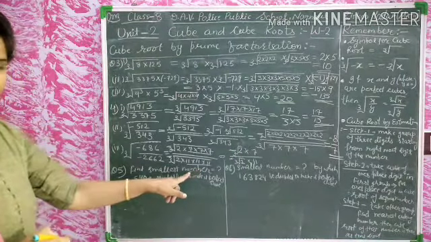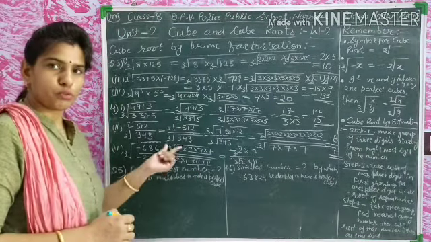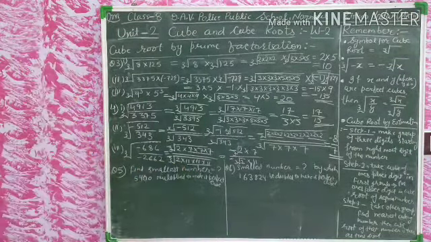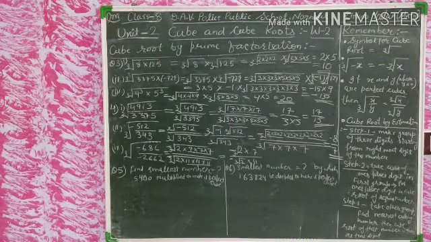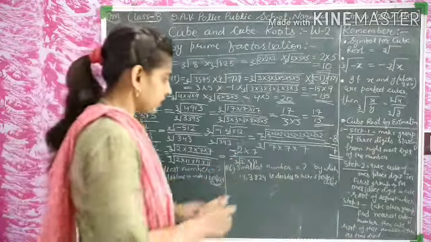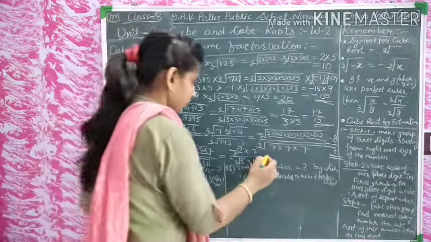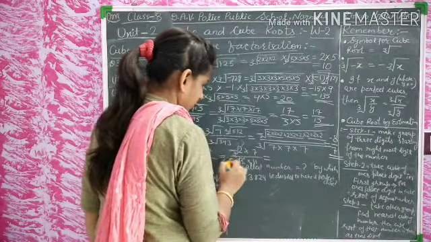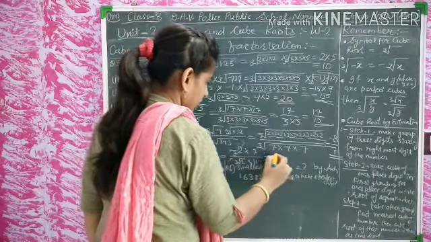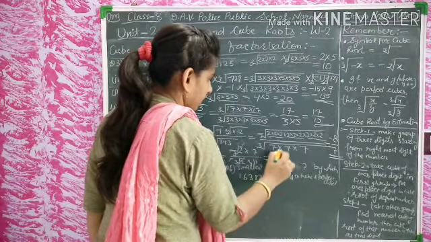Then cutting here, both the numbers being minus, minus by minus is plus, so this is equal to 7 by 11. This is the answer here.